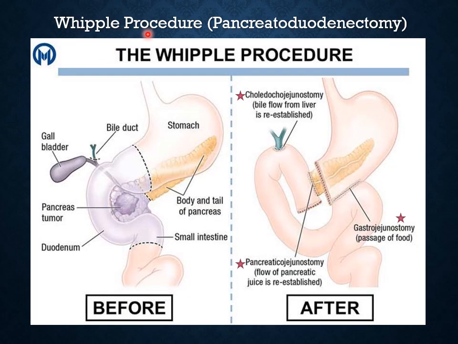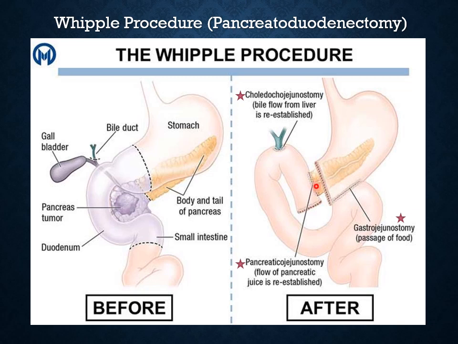Okay, this is pancreatoduodenectomy, which is Whipple's procedure. Part of the stomach, the antrum and the pylorus, the whole of the duodenum, all four parts, with the head of the pancreas is removed. Then reconstruction is done by a triple bypass. First, choledochojejunostomy: the jejunum with the common hepatic duct.